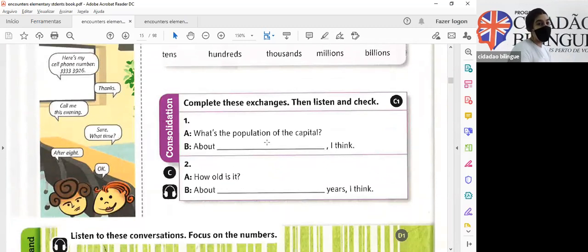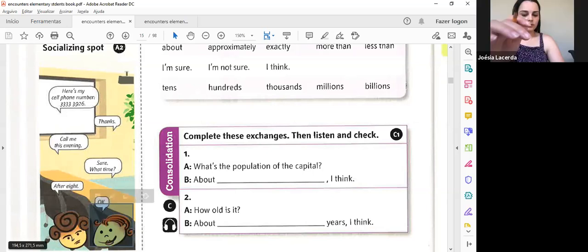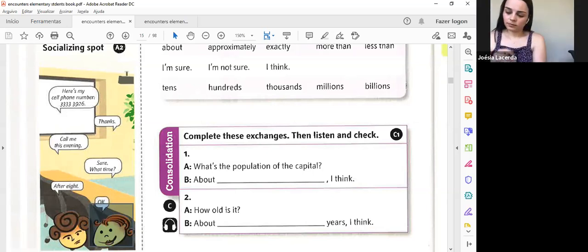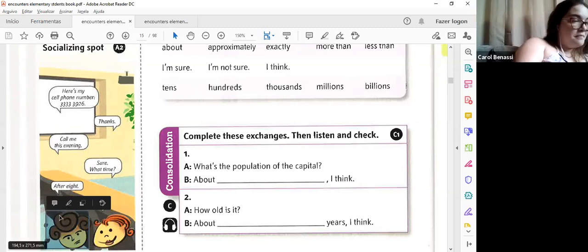The first one. Actually, before that, let's read the socializing spots, okay? Elizabeth, you are going to be the redhead girl, okay? And Carol Benassi, you are going to be this little boy. Okay. Here's my cell phone number. Free. Aliás, 3,000.